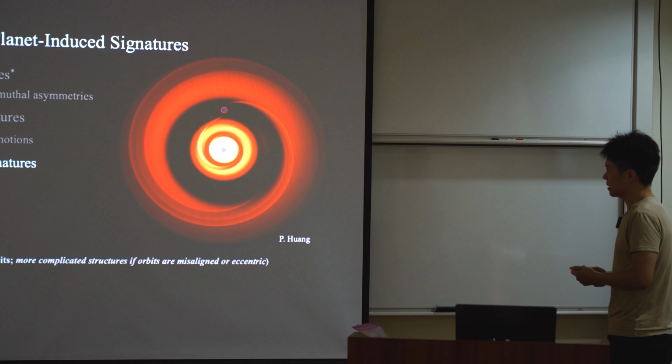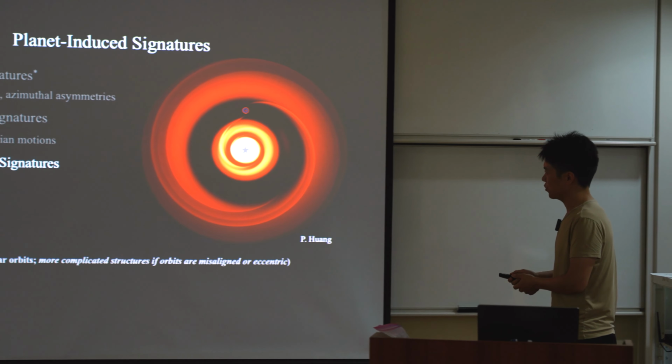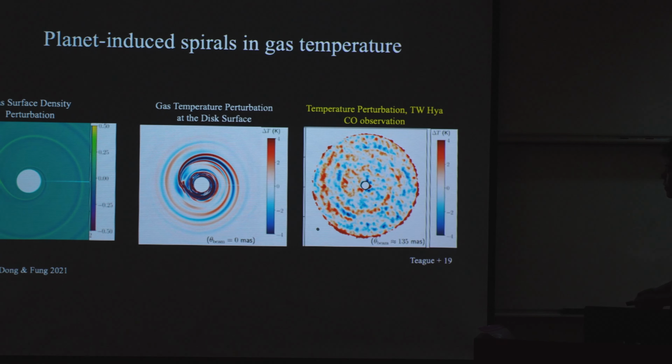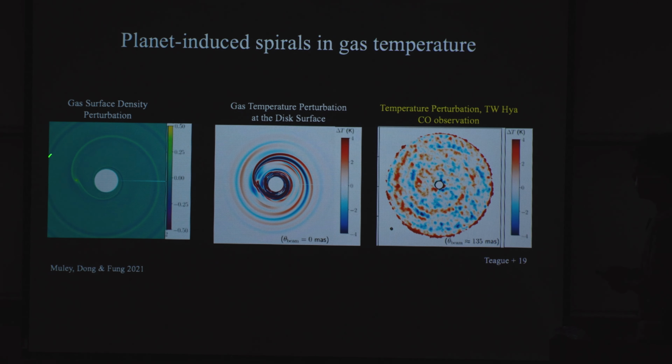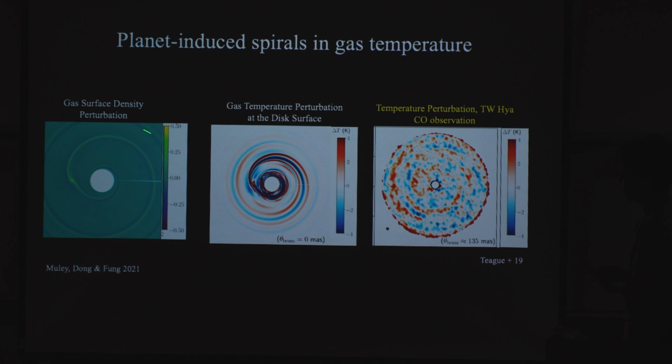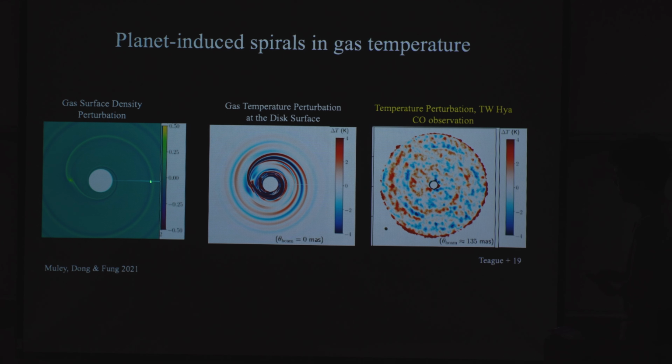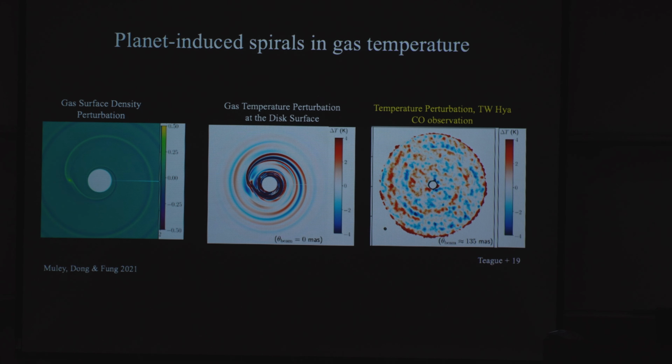All right, the last type of planet-induced signature, temperature signature. So the left panel here shows a gas surface density map of a disk perturbed by a planet right here. And we see those spiral-shaped density waves. Density waves are called density waves because they have higher density than their surroundings.